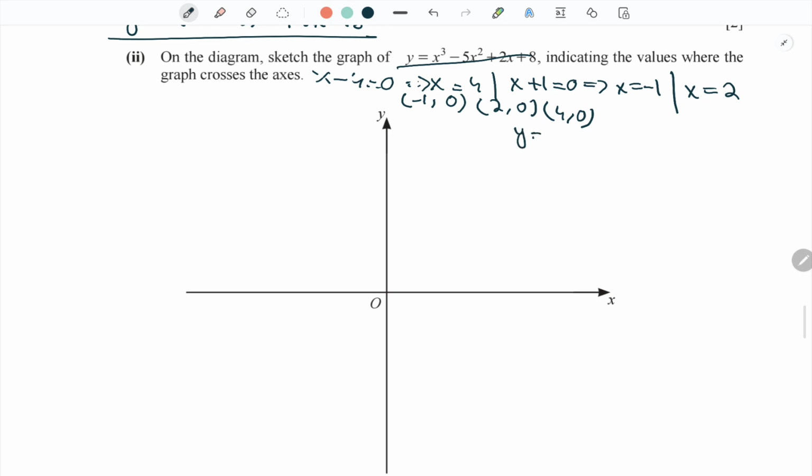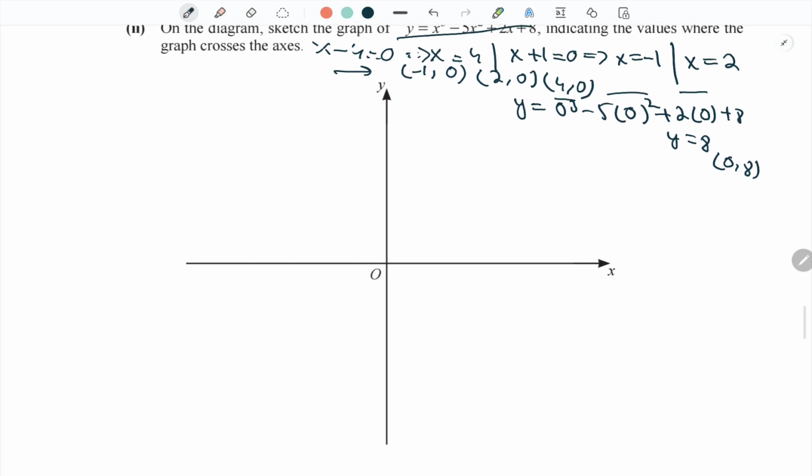So we have 0 cube minus 5 times 0 square plus 2 times 0 plus 8. This one is 0, this one is 0, this one is 0, that means y equals 8, right? So the graph crosses the y-axis at 0 comma 8, and crosses the x-axis at these points.